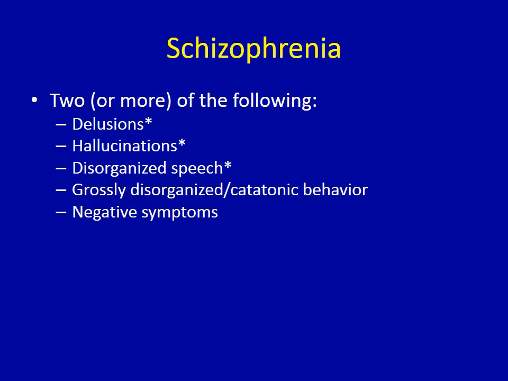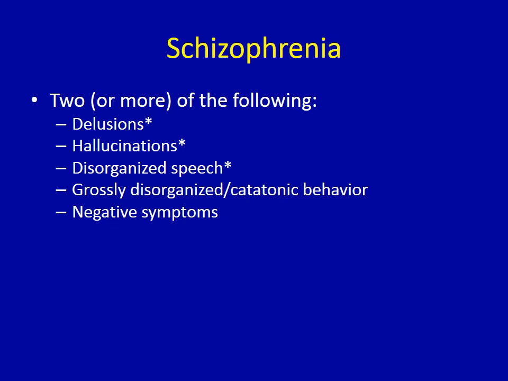Schizophrenia is a psychotic disorder that's characterized by the positive and negative symptoms of the psychotic disorders. So the primary diagnostic criterion for schizophrenia is that an individual needs to have at least two of the following symptoms. They include the positive symptoms that we talked about, so those might include delusions of various types, hallucinations, disorganized speech, disorganized or catatonic behavior, and it might also include negative symptoms.